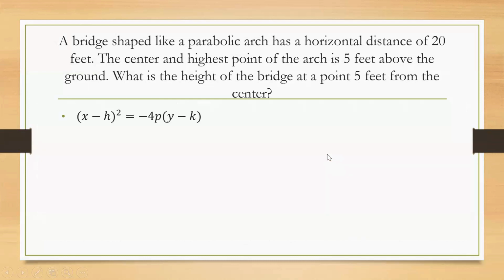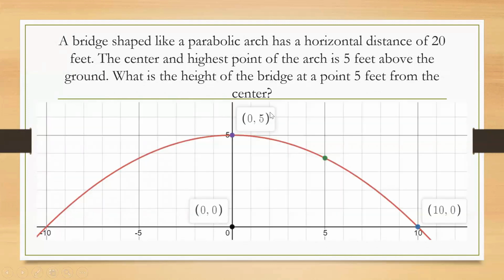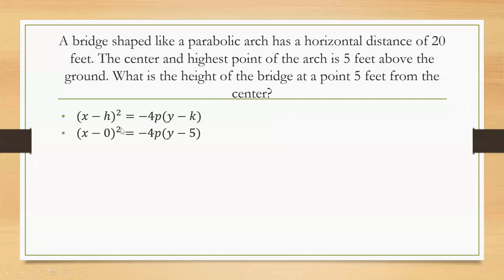So we start by finding the equation that we are going to use. We'll write this down as our guide, and then we put in the values for the vertex. Again, our vertex is 0, 5. Therefore, we write 0 and 5.